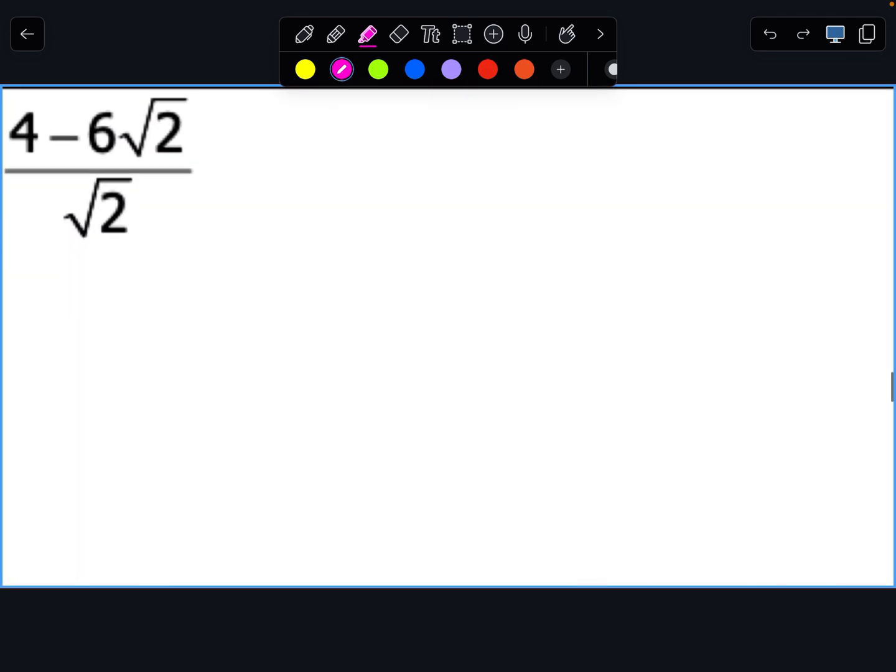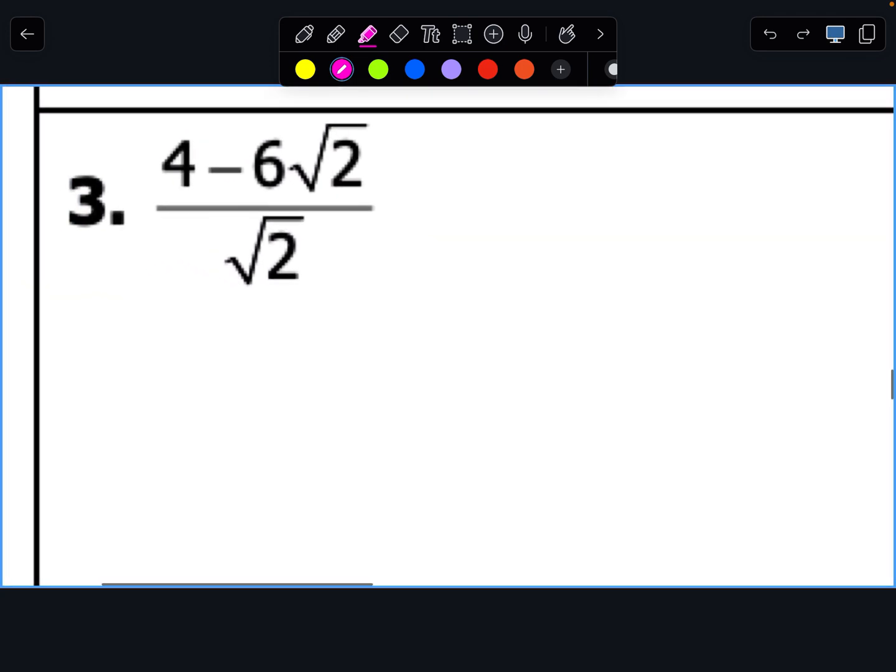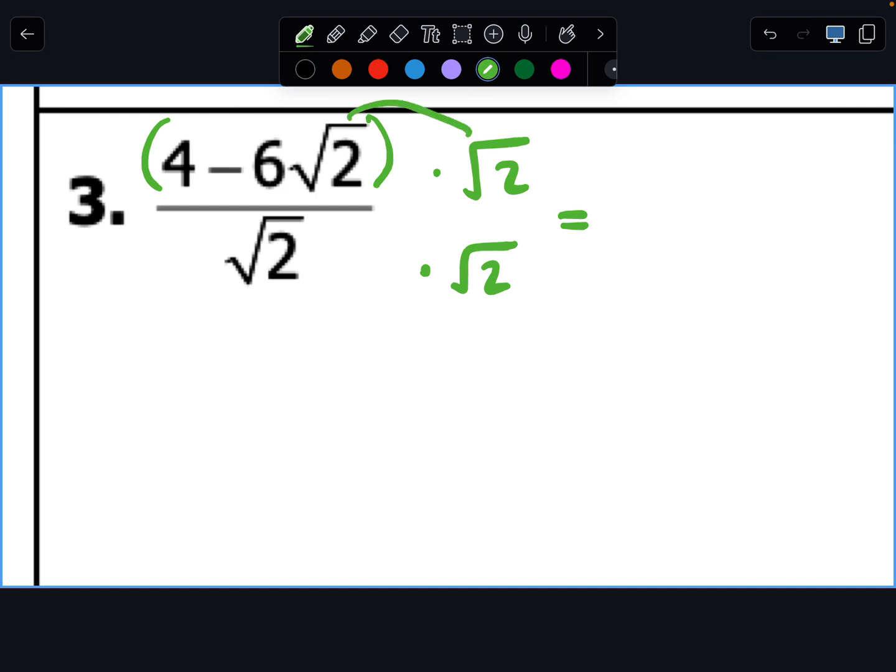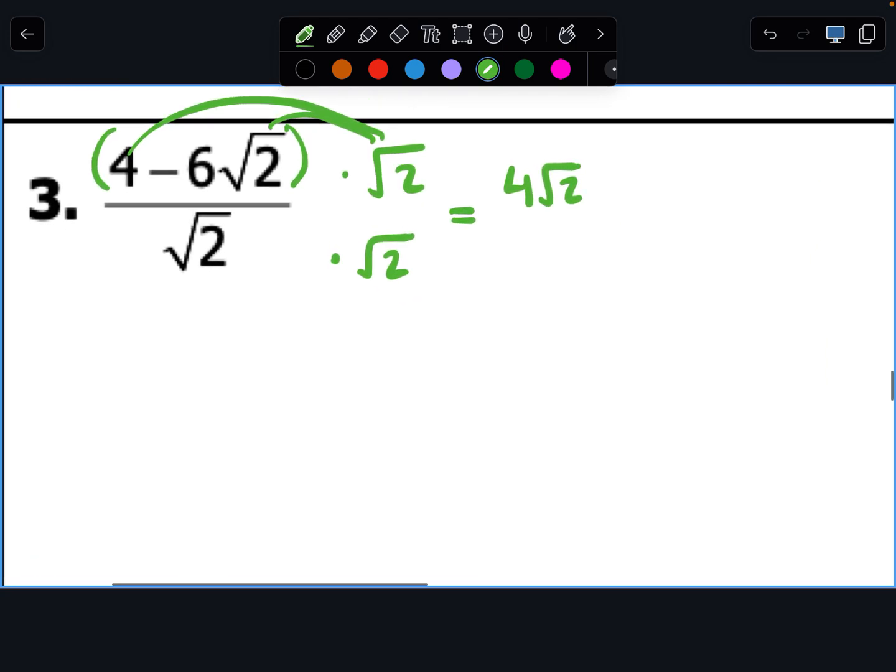Okay, number 3. What can I multiply this by to rationalize? Root 2 and root 2. So on top, again, distribute. 4 times root 2 is just 4 root 2. And then root 2 times negative 6 root 2 is minus 6 times 2 over 2.